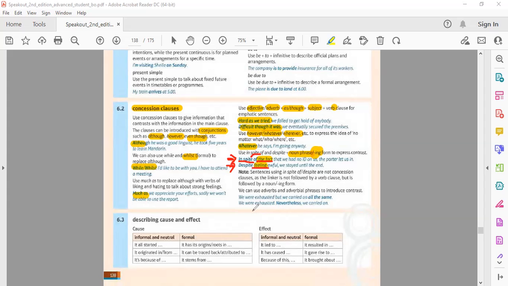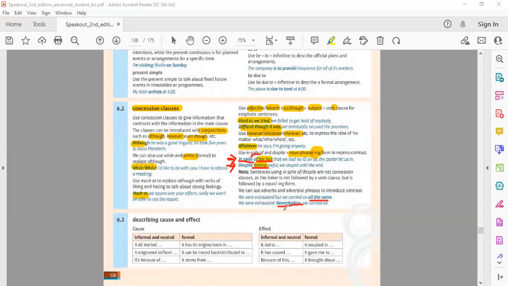Okay, the last point for today's grammar: we can use adverbs and adverbial phrases to introduce contrast. Adverbial phrases like, for example, "nevertheless," "all the same." Let's see the examples. We were exhausted, but we carried on all the same. These are adverbs.